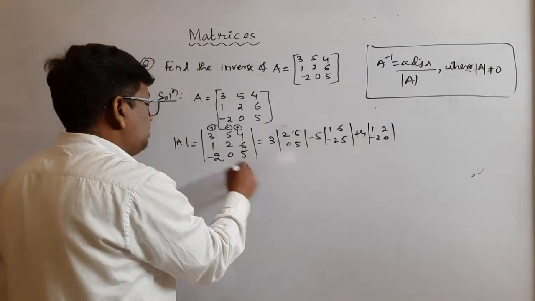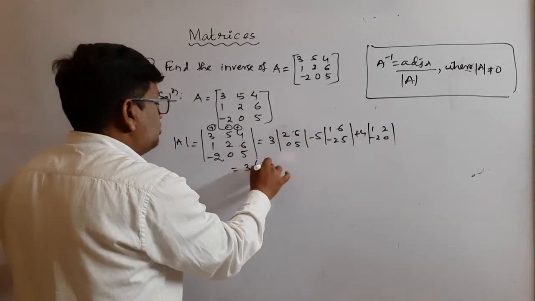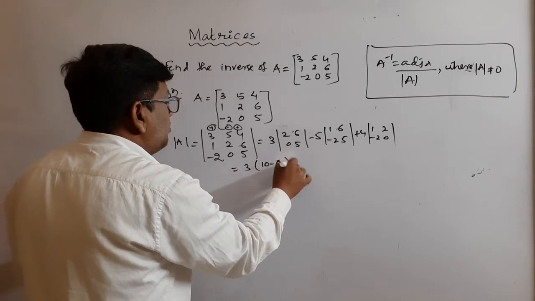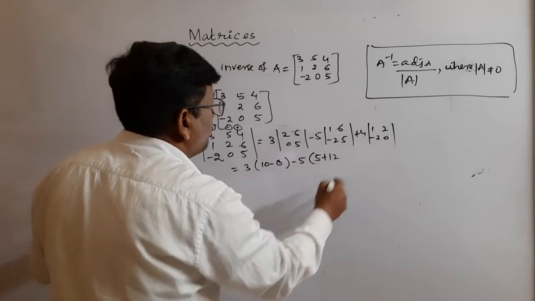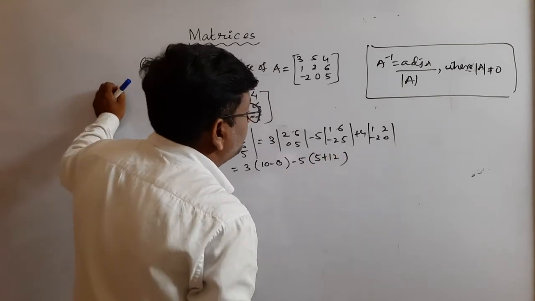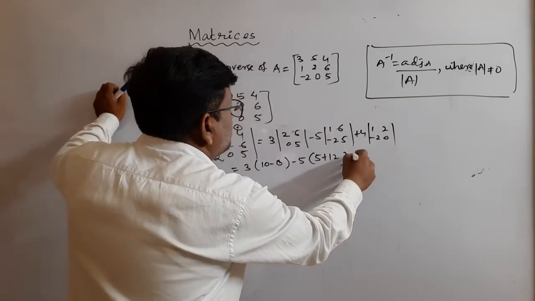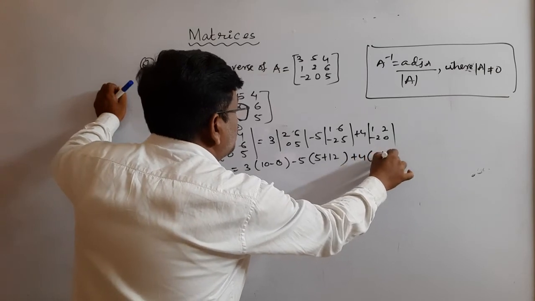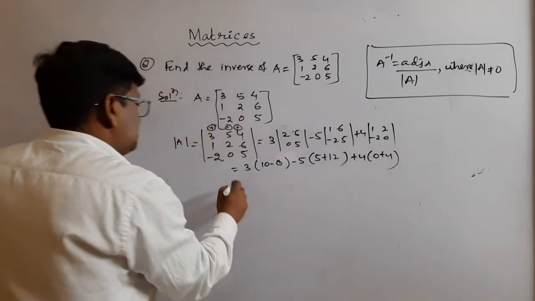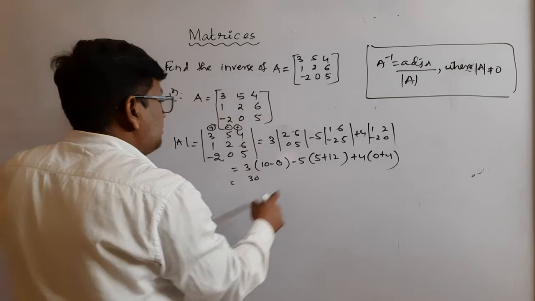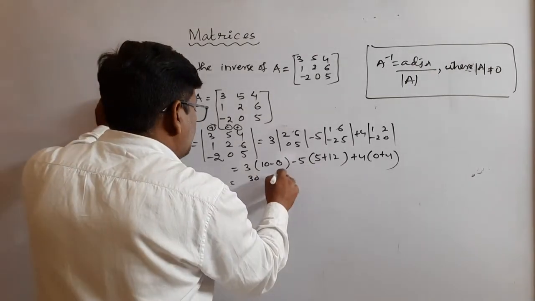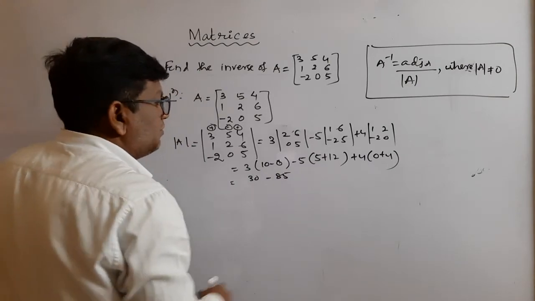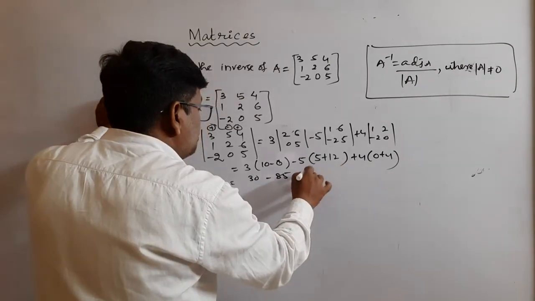That is equal to 3 into 10 minus 0, minus 5 into 5 plus 12, plus 4 into 0 plus 4. So this is equal to 30, minus 85, plus 16.